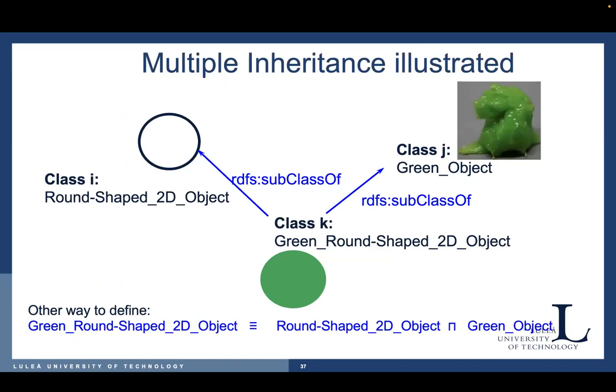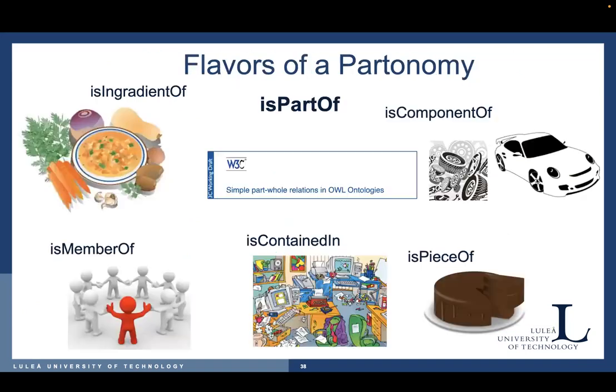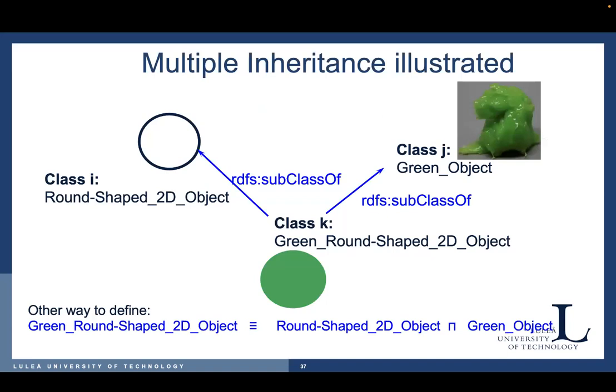And then again, this and other slides are just to show that with OWL you have the flexibility to describe most of the needed semantic relationships between world objects.